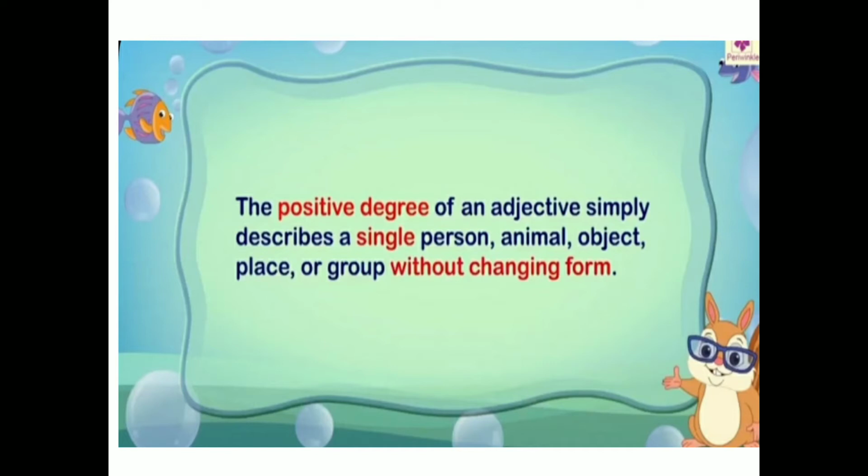Here, in positive, there is no comparison. For example, cow is a big animal, or you can say Ria is tall in the class. There is only simply an object or person we are talking about. There is no comparison.